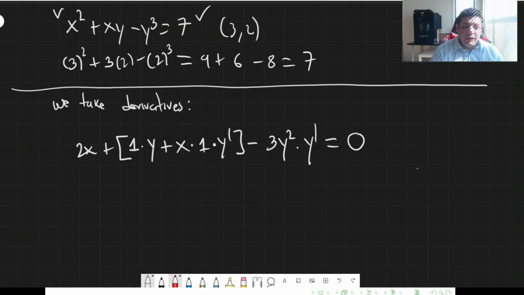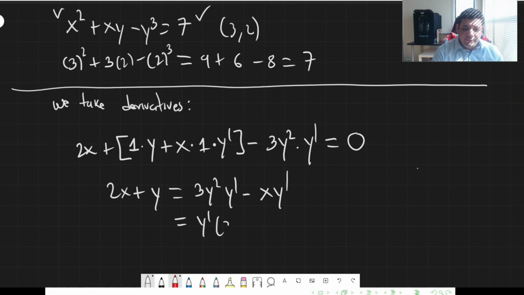Now we get together terms with y prime and without, so 2x plus y equals 3y squared y prime minus x y prime. I'm just sending everything to the respective side. So now y prime times (3y squared minus x) equals 2x plus y.